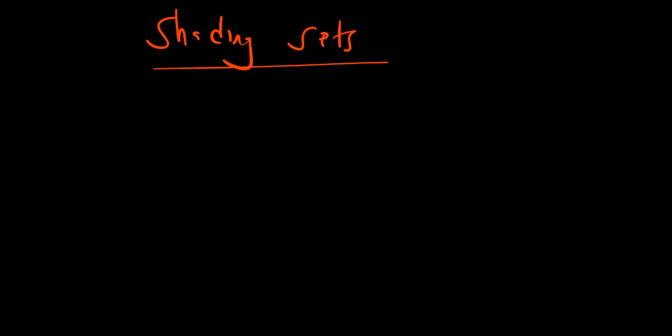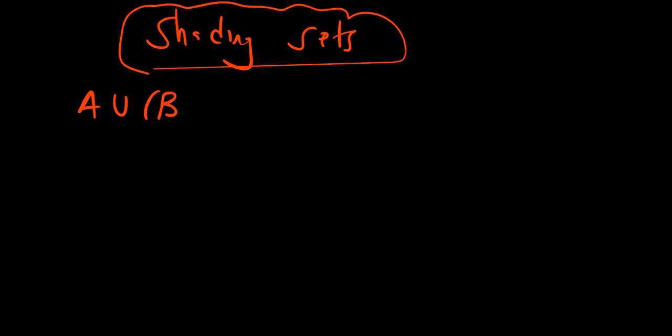Now let's talk about the last part. How do you shade sets? Okay, shading sets. If you are shading sets, let's say you are given to shade A union B union A complement.